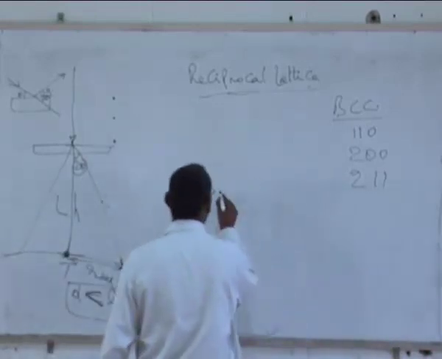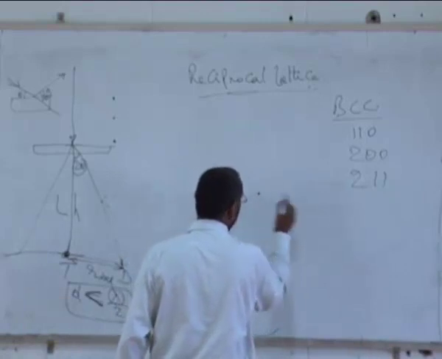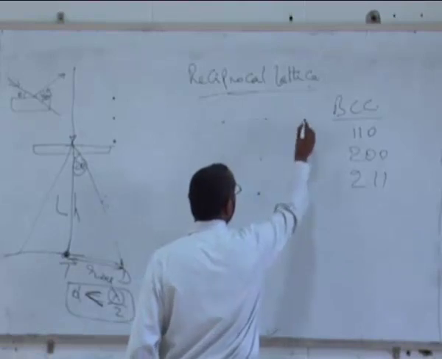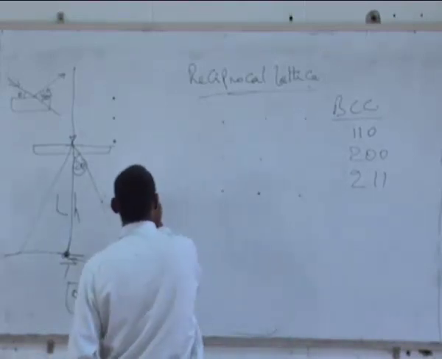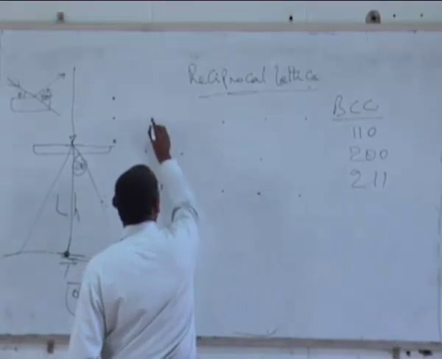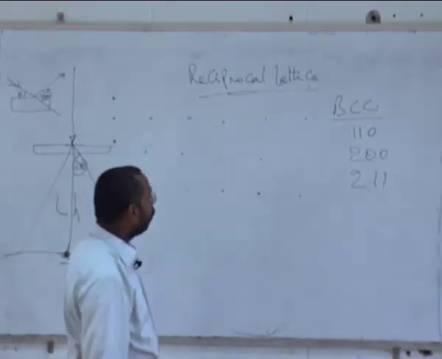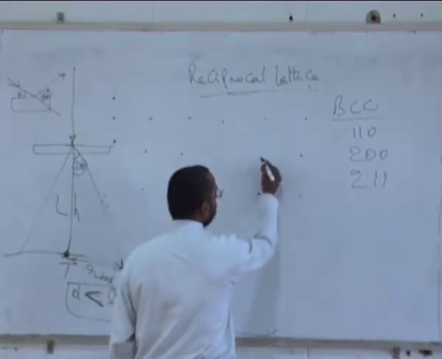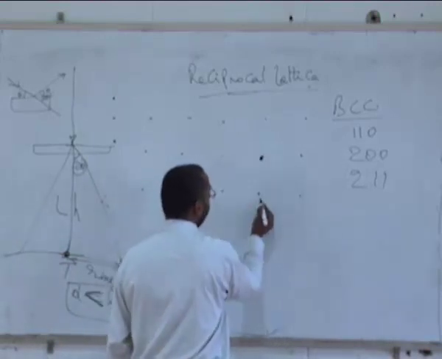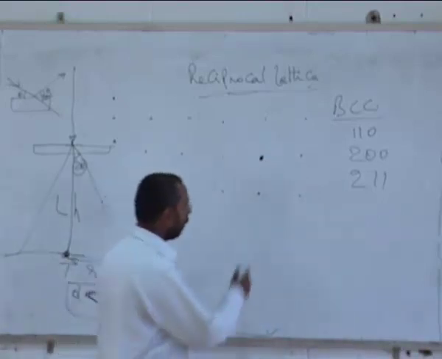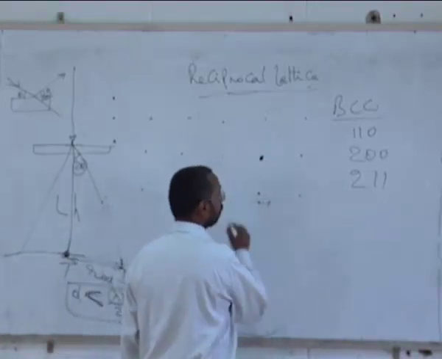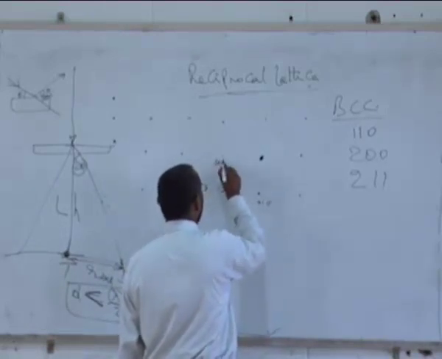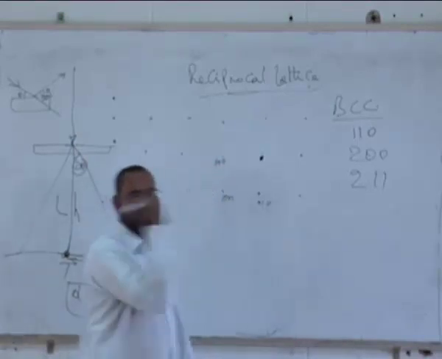if I start a diffraction pattern and start putting these spots, like this, 110 is something here. If this is 1, this is 1. If I call this 0, 1, 0, and this 1, 0, 0, and if this is 0, 0, 1, let's say.